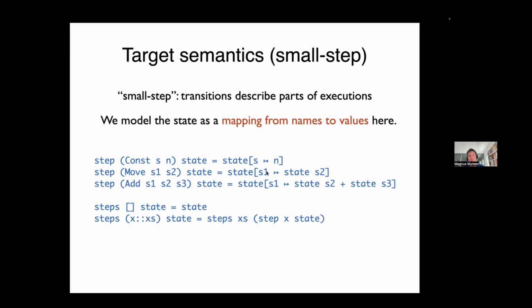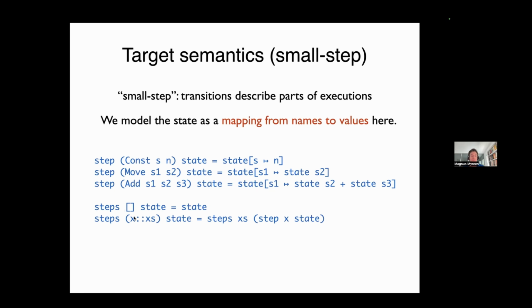We update the state such that S1 points at the value of looking up S2 in the state. And the add is just a generalization of that. Instead of taking just the value of 1, we take the value of 2 and do addition on it. And if we want to execute an entire target program, which is a list, then if it's an empty list, the initial state is already the final state.